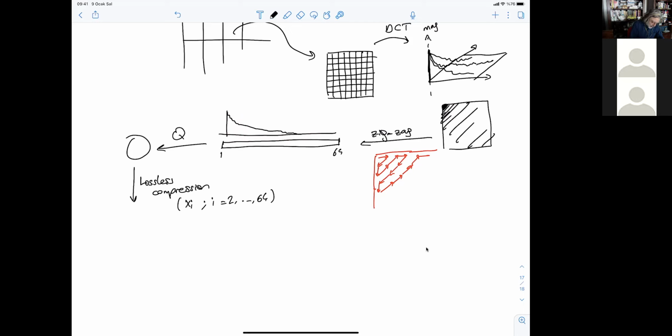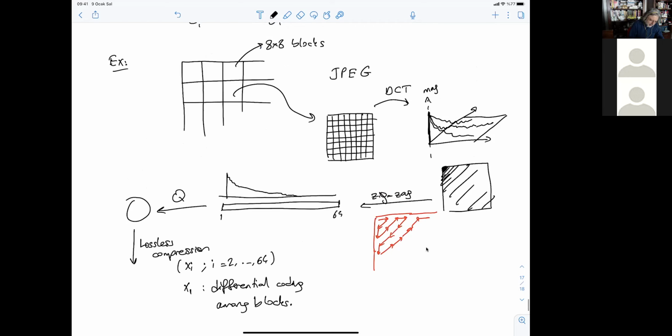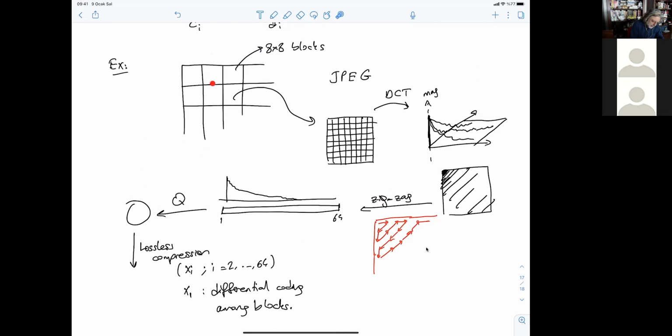And for x1, what is typically done is to use a differential coding among blocks. So what I mean by this is the following. This block, for example, will generate a first value, which is the highest value, by the way.